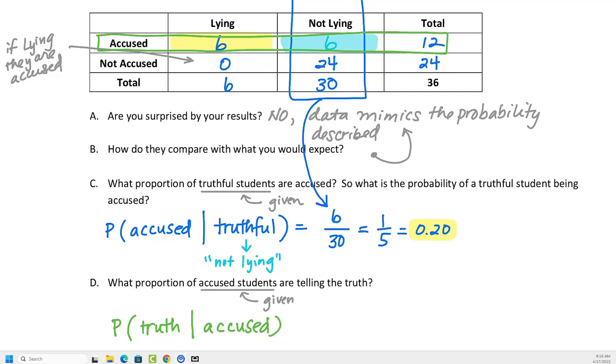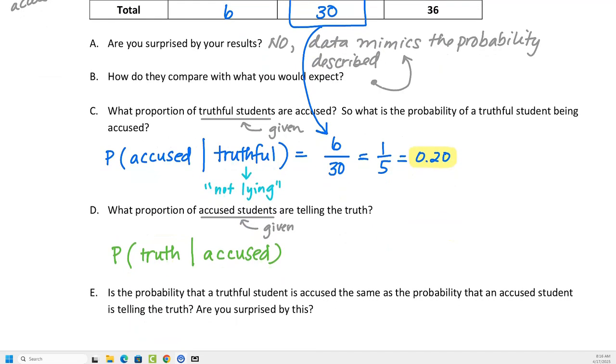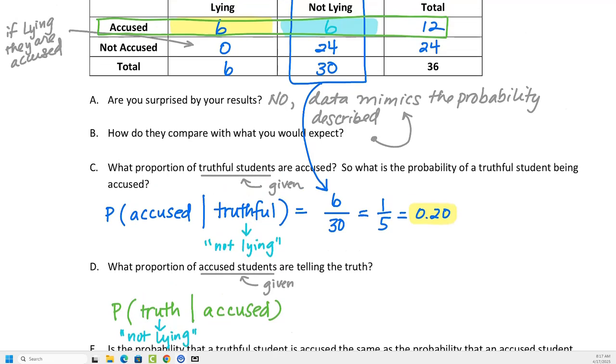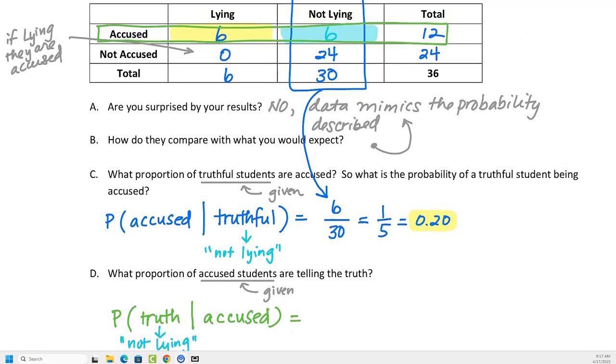Now, we already said, truth is not in the table, but not lying is. So if we're going to look for the probability of someone lying in that row, you can see that there are 6 of them that are not lying.